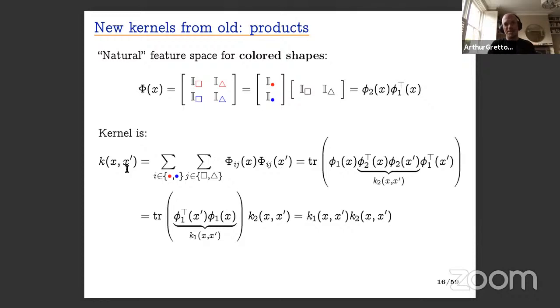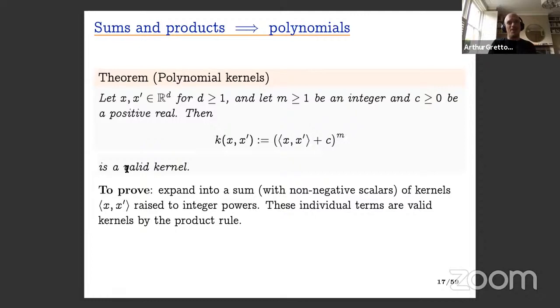So sums of kernels are kernels, products of kernels are kernels. Now, since sums and products of kernels are kernels, I can take polynomials, which are basically an expansion of sums of products of kernels, and that's a valid kernel. This takes a small amount of algebra, but it is pretty straightforward. So this already gives you a big family of kernels.